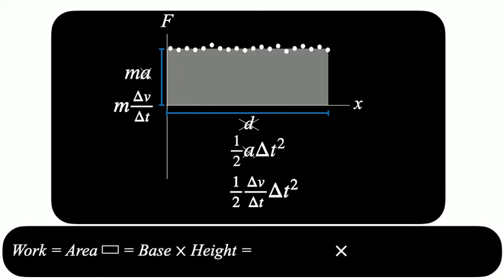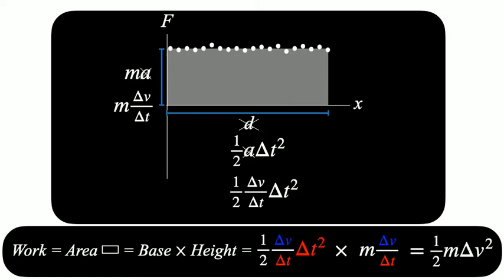The area of any rectangle is base times height, so if we multiply the base of this rectangle, 1/2 delta v over delta t times t squared, by its height, m delta v over delta t, we see 2 delta v's on top, a delta t squared in the numerator that cancels with 2 delta t's in the denominator, which reduces to 1/2 m delta v squared.